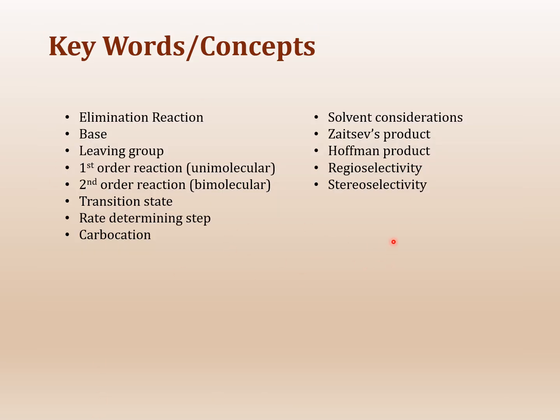There was a lot here for us to learn, a lot of new things: Zaitsev, Hoffman, regioselectivity and whatnot. Rearrangements I know you had done before, so that was not something new, but some of the things were new for you. So again, remember, I have another PowerPoint for you in which I discuss all of these things and give you a little bit of a summary.